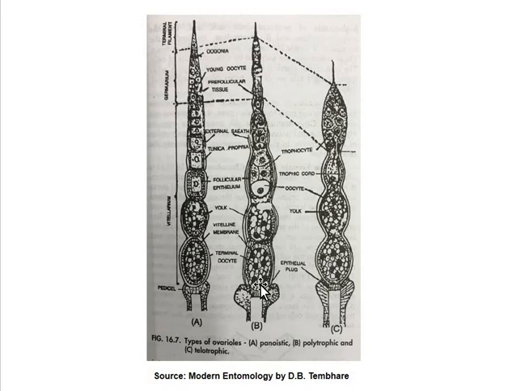Now the B type or the second type of ovariole is the polytrophic type of ovariole. Here the developing oocytes within the vitellarium are alternating with the nurse cells. Here you can also see these are the developing oocytes and they are alternating with the nurse cells.